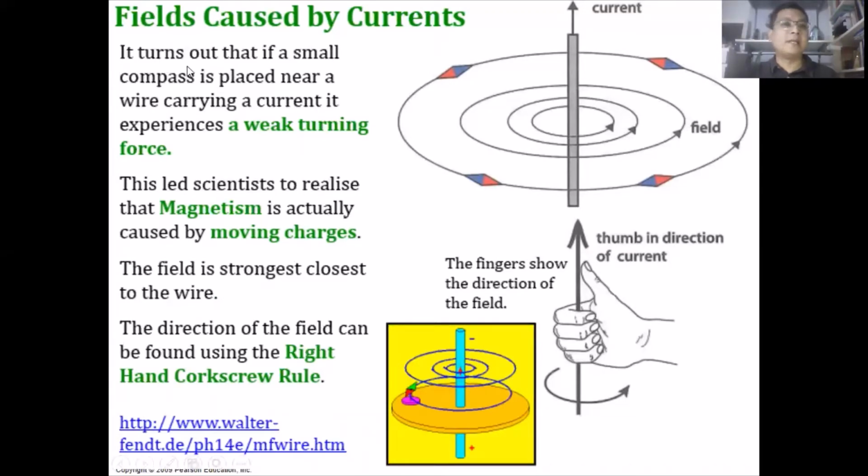It turns out a small compass placed near a wire carrying a current experiences a weak turning force.